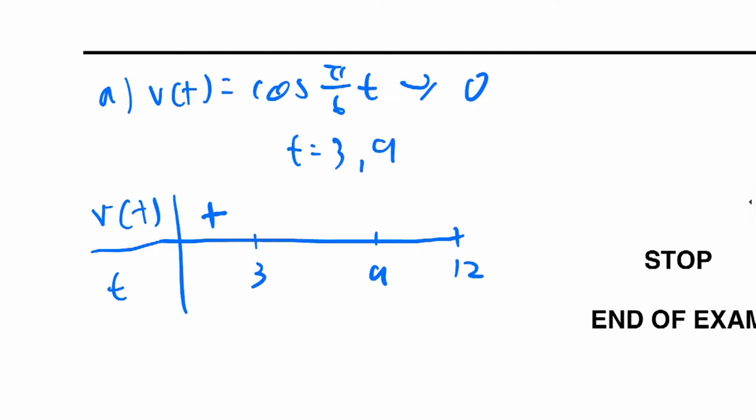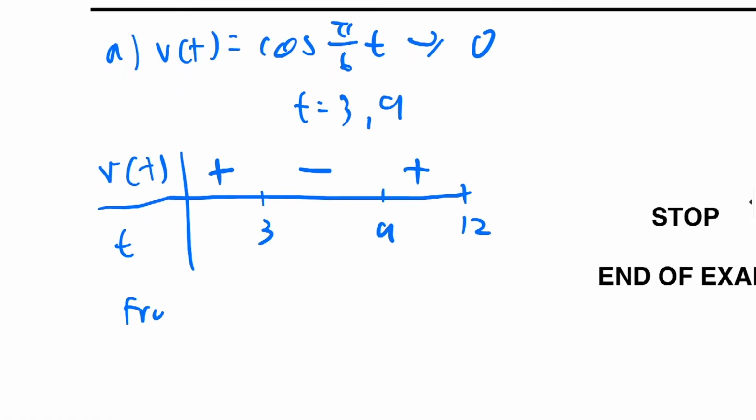Cosine of 4 pi over 6 is the same as cosine of 2 pi over 3. This is an angle in the second quadrant where cosine is negative, so this interval is negative. For 9 to 12, let's plug in 12. It's cosine of 12 pi over 6, which is cosine of 2 pi, and that's just 1, so it's positive. The answer to this part is when velocity is negative. We just did a sign chart.